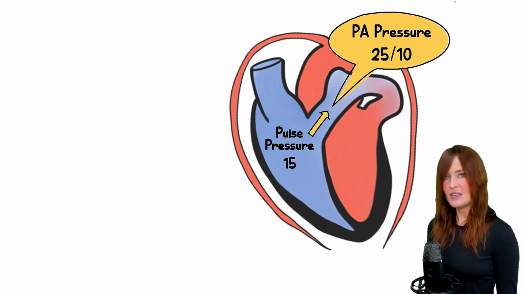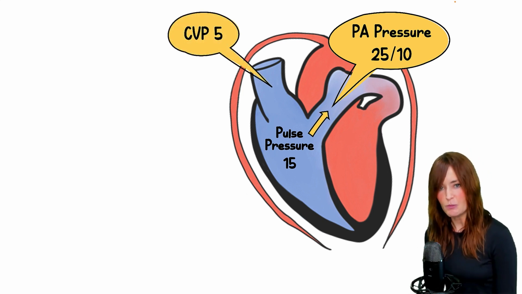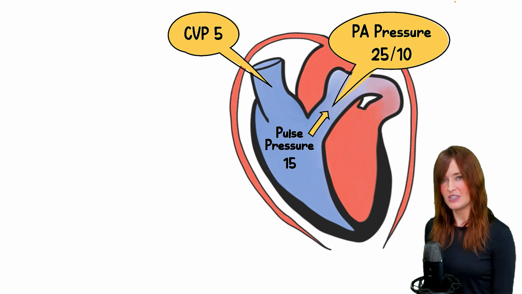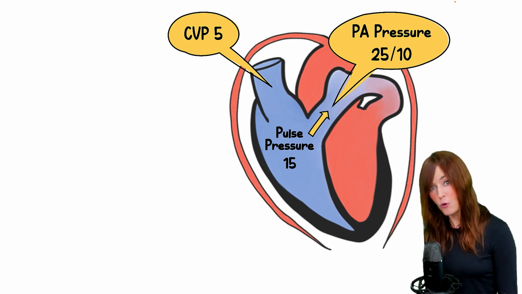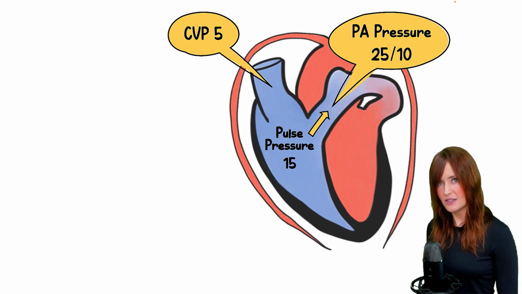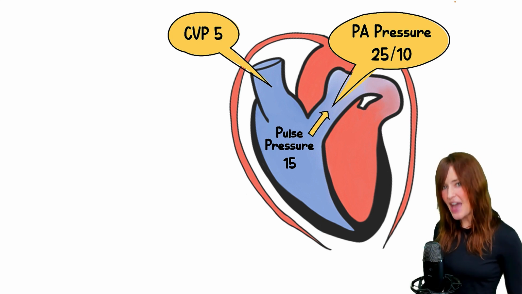Now, the RV is being handed some amount of pressure. That's the CVP. So during every beat, the RV gets handed some amount of pressure with the CVP, then pushes that forward against the PA pressures. And so really the question is, can the right ventricle push as much pressure forward as it's being delivered every beat? And that is the PAPI of 1.